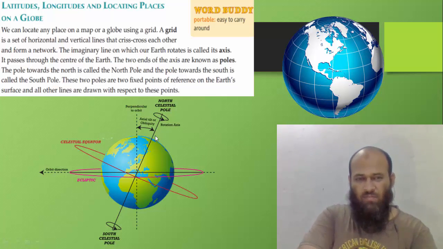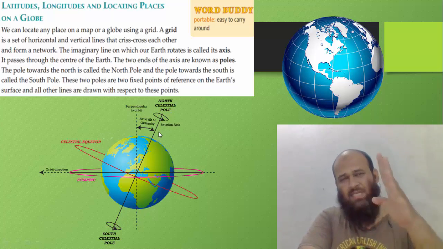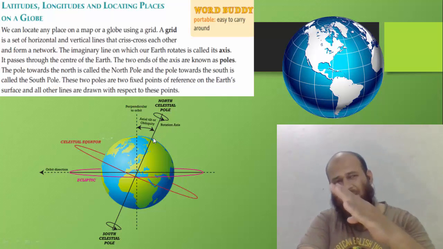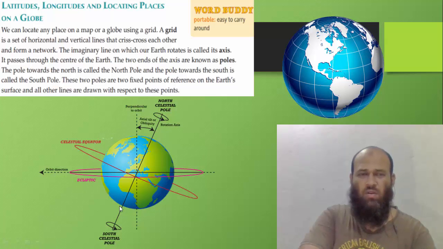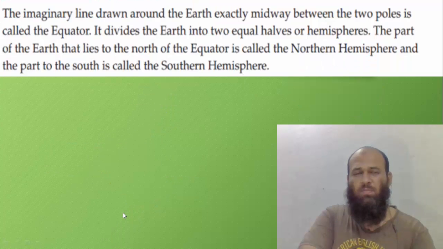You can see if we just have a clear look at the Earth, this should be our straight line, but it is a bit tilted on its axis, and this portion is North and South Pole.